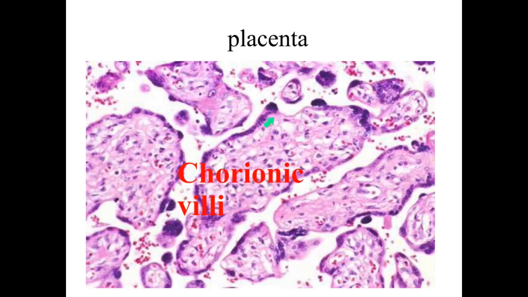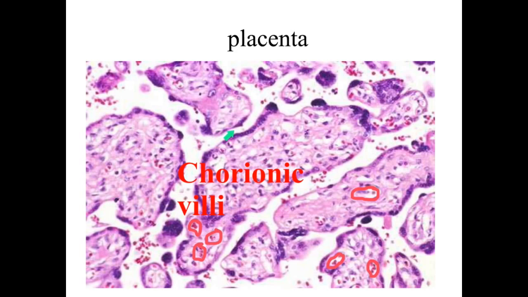Here are the sections actually of the placenta. Here we have a section in the chorionic villi. All these are sections. Notice here the blood capillary of the fetus, blood capillary of the fetus, blood capillary of the fetus. These blood capillaries are present inside the chorionic villi, and on the surface we have the cells of the trophoblast.